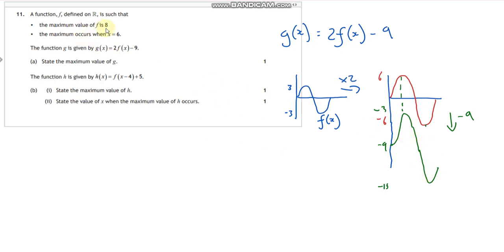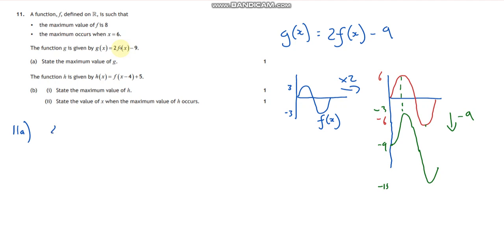So we know that the maximum value of f is 8, and that occurs when x is 6. The maximum value of g, it doesn't really matter where it occurs, the maximum value was 8. So if I do 2 times 8, take away the 9, so 16 take away 9, it's going to give me 7. That's going to be the maximum value, yeah?